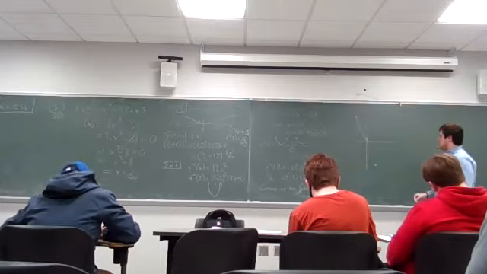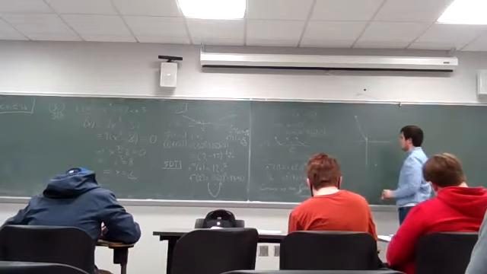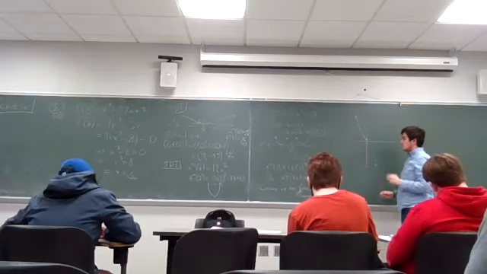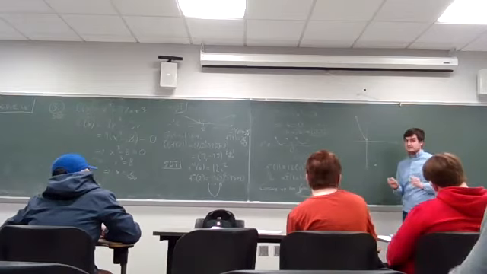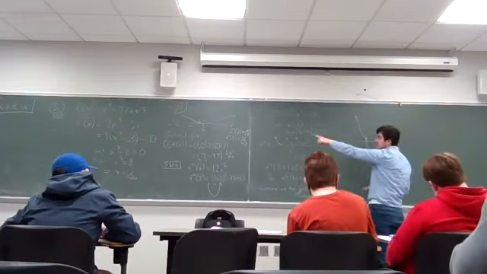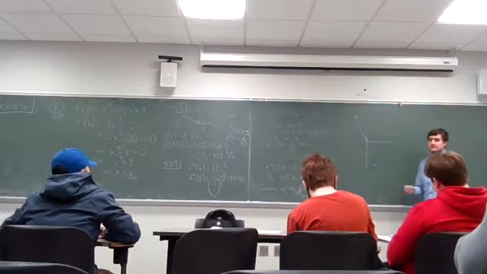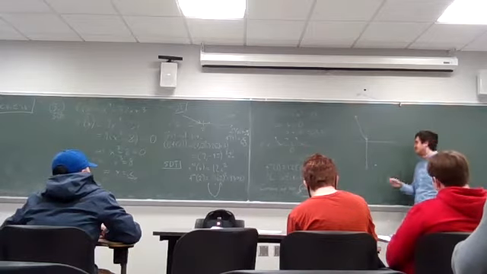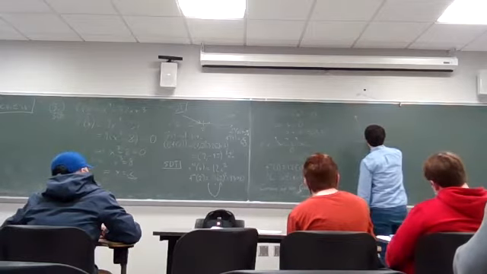Now from 0 to 2, am I increasing or decreasing? We're still decreasing, right? From 0 to 2, we haven't hit 2 yet. Am I concave up or concave down? We're still concave up. Good.